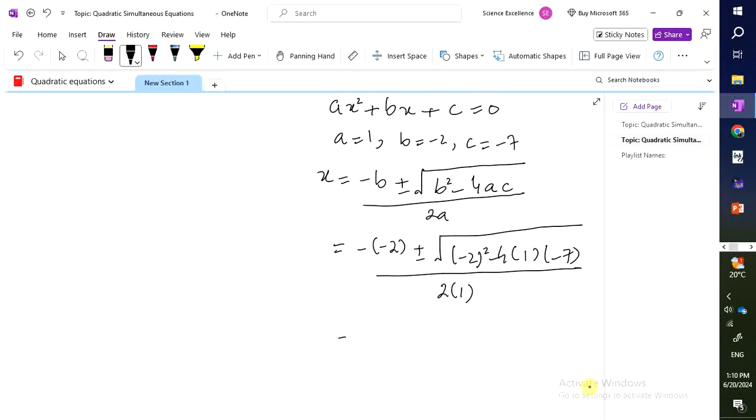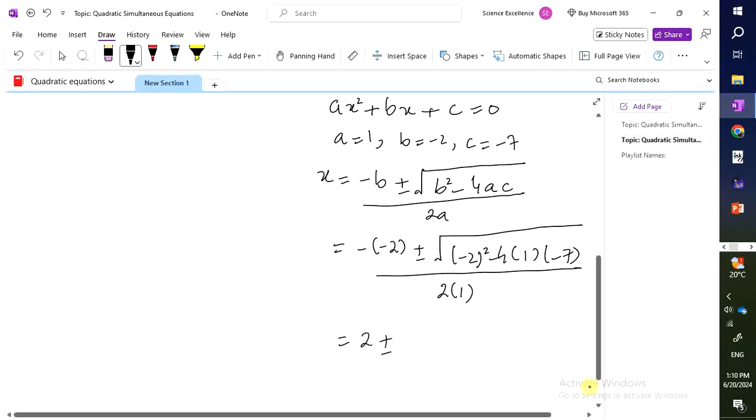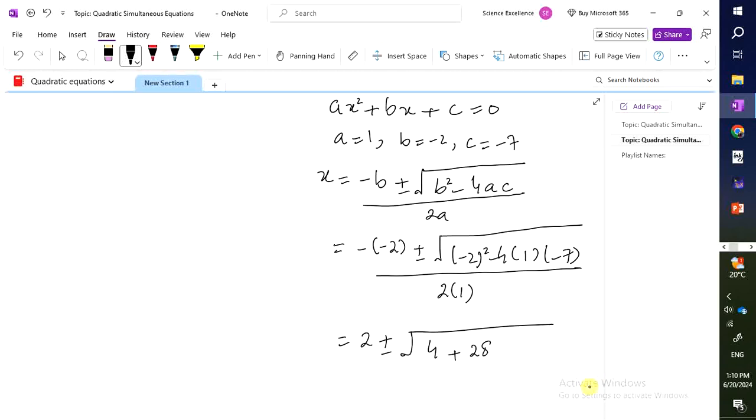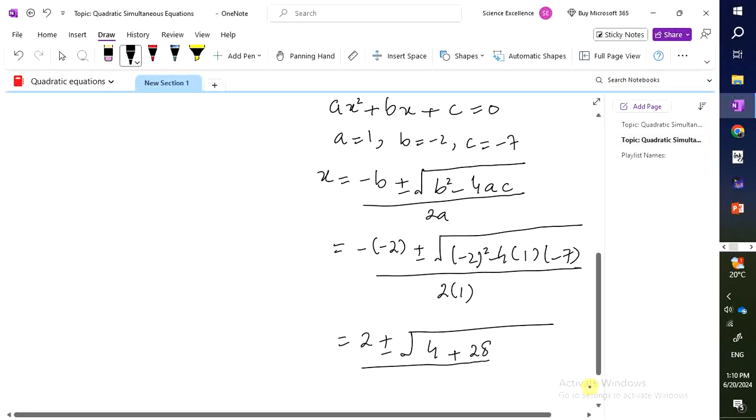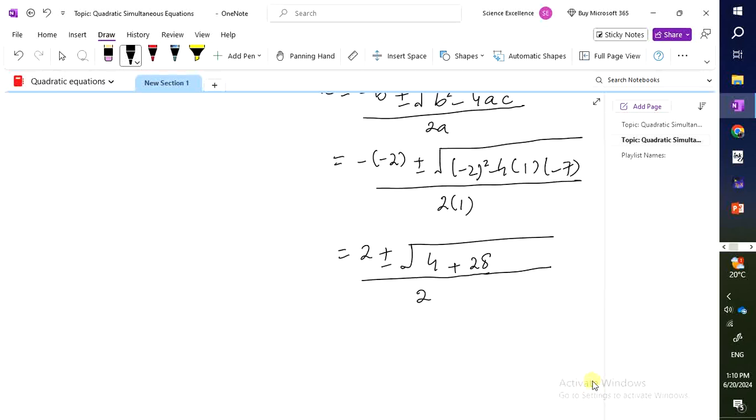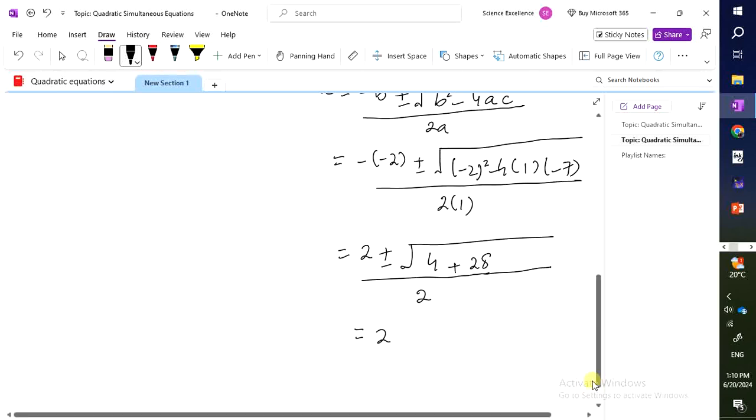Minus 2 times minus 2 will be positive 2 plus minus a root of minus 2 square is 4, minus times minus is positive, 7 times 4 is 28, over 2. Now 2 plus minus root of 32 divided by 2. 4 plus 28 is 32.